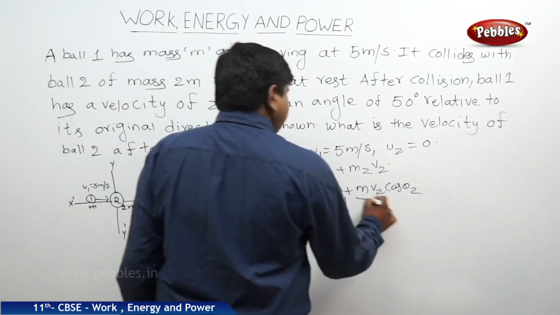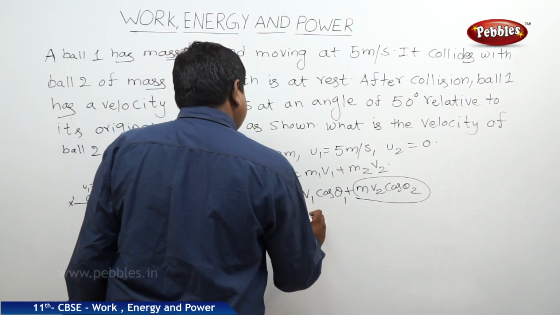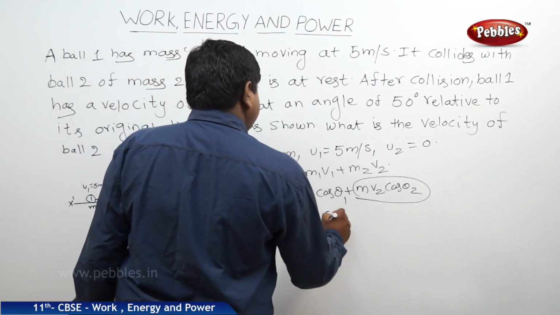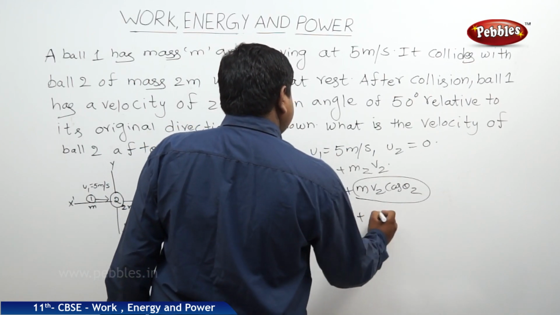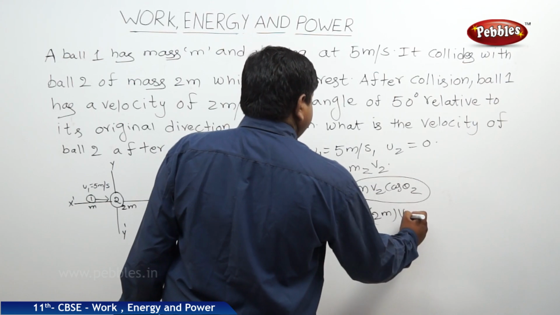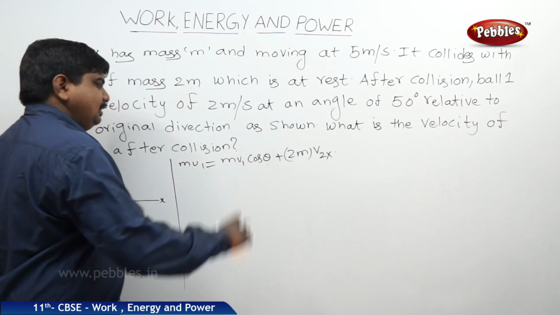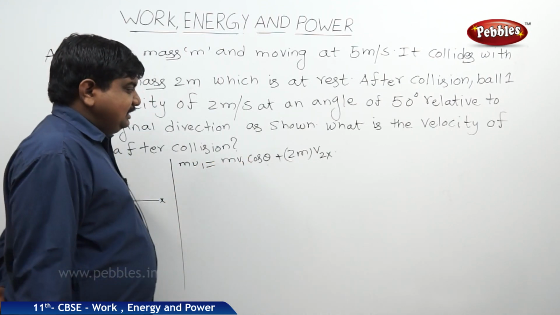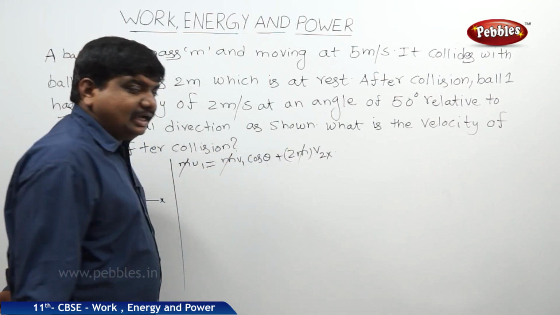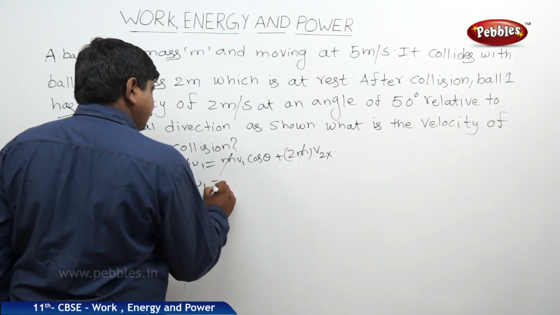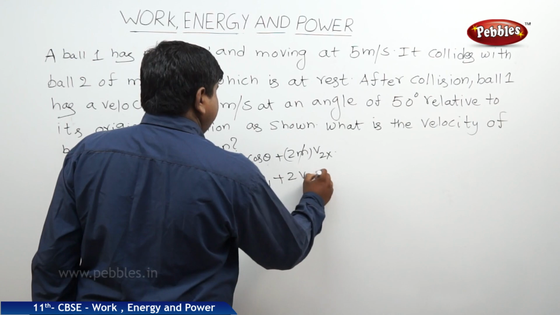So, this whole will become m u1 is equal to m v1 cos theta 1 plus 2m into v2x. So, in all parts m is common, we can cancel the m. So, therefore, u1 is equal to v1 cos theta 1 plus 2 into v2x.